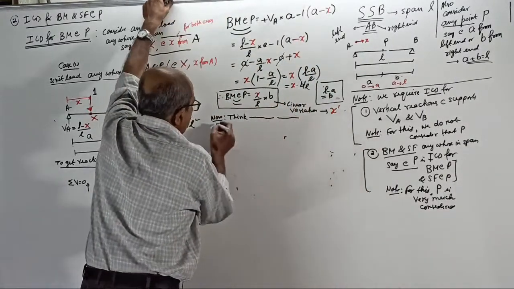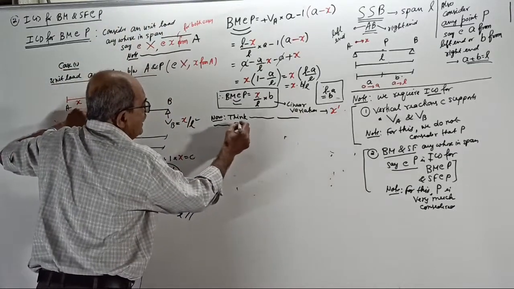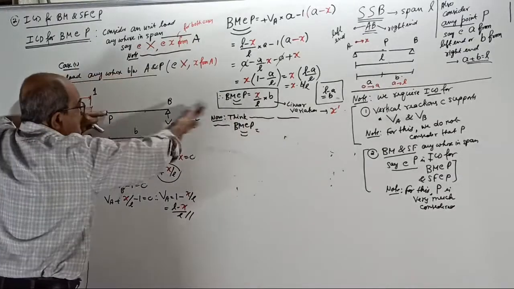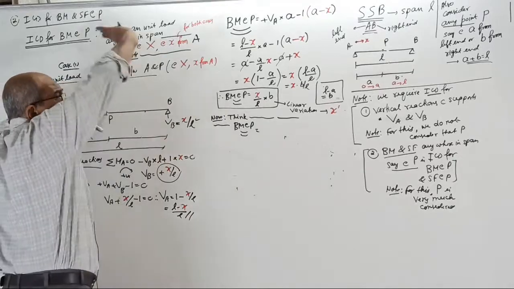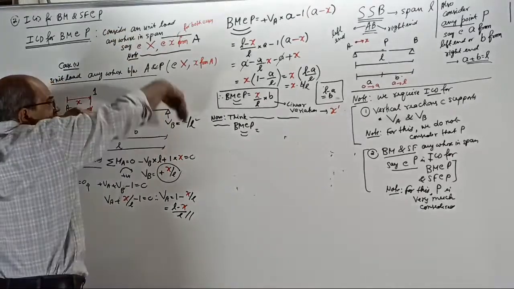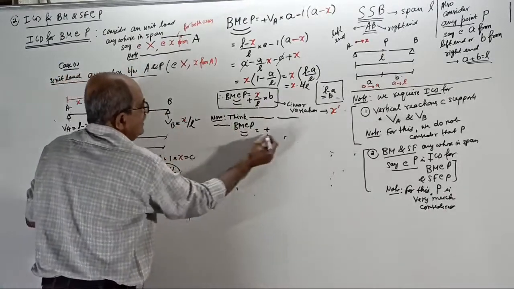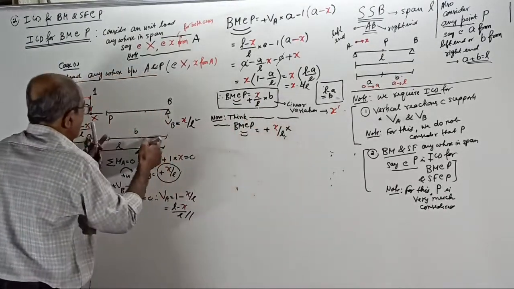Therefore, suppose we think and write BM at P, sagging positive. If I look this side, what you will get? See here. Bending moment, sagging positive. This is plus. Plus what? X by L into how much? Tell me.